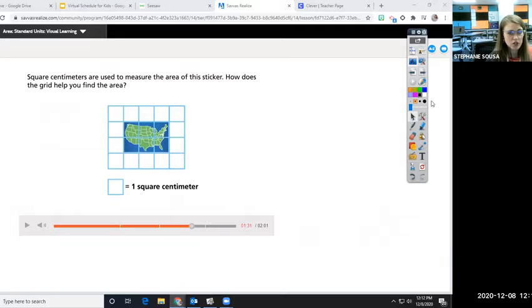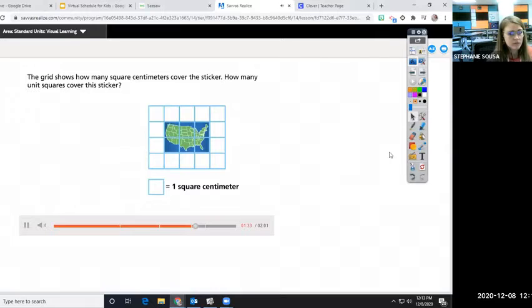How does it do that? Josh, help me out. How do these grid squares help me find the area? What can I do? Count the squares. Yeah, 1, 2, 3, 4, 5, 6. So if each one of these is a centimeter, this has an area of 6 square centimeters because I can see 6 squares inside of the sticker. Very good.